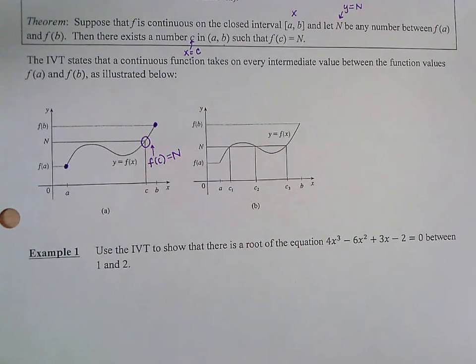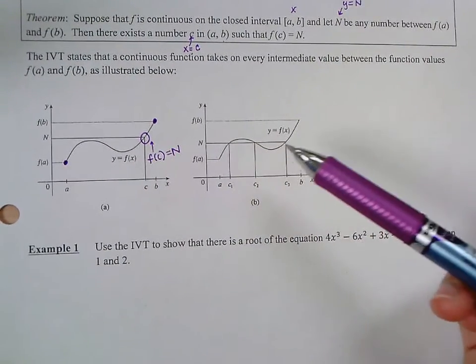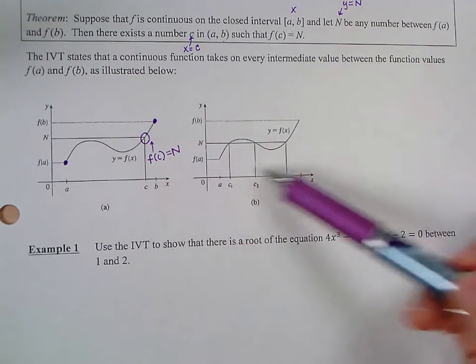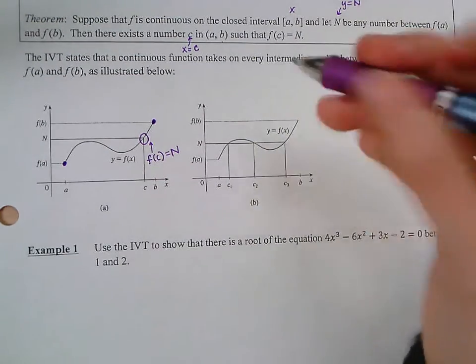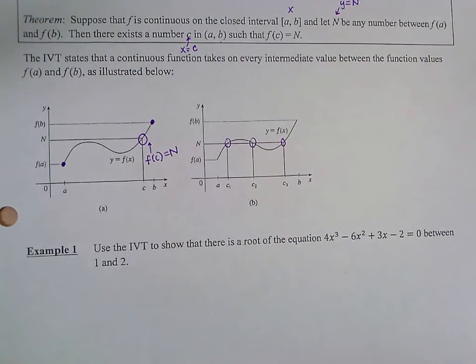And it might hit it once. The next picture shows the same exact graph, but it shows different c values. So it might hit it a few times, depending on what the value of n is. Again, the theorem doesn't care how many c values satisfy f of c equals n. The theorem just wants you to say that it exists. So that's what's weird about it.